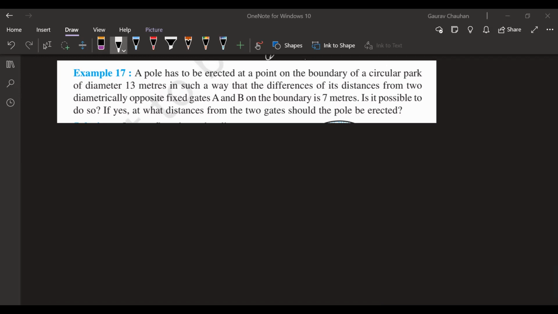So first we're going to make an attempt to understand this question. In the interest of time, it will be mostly me explaining. Let's read this question. A pole has to be erected at a point somewhere on the boundary of a circular park.